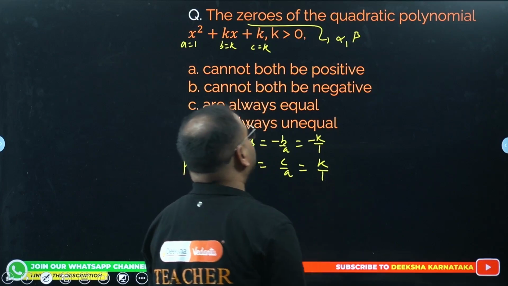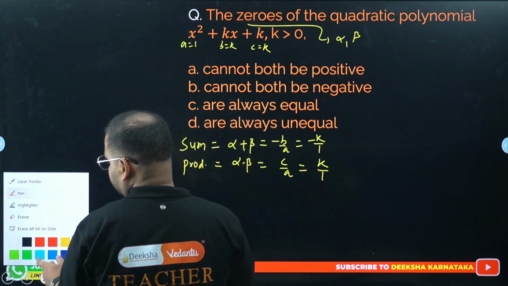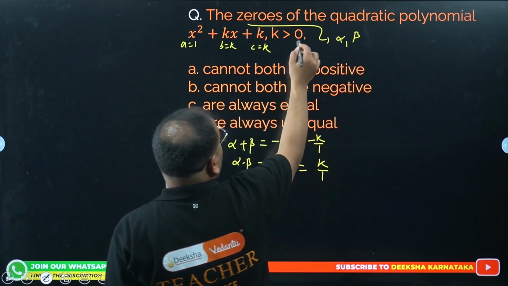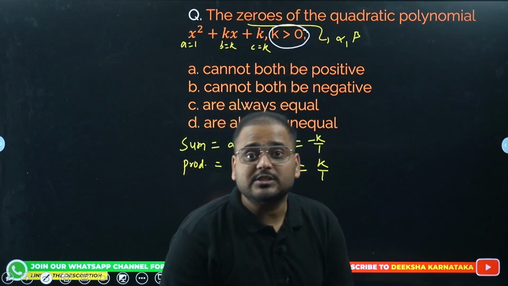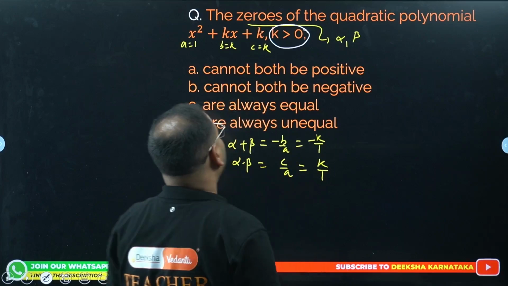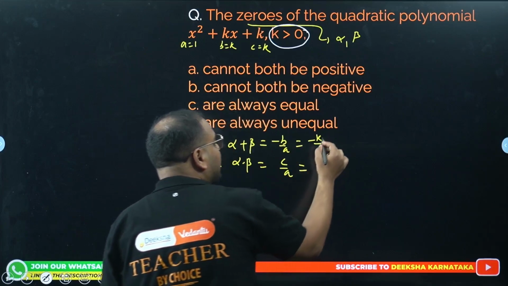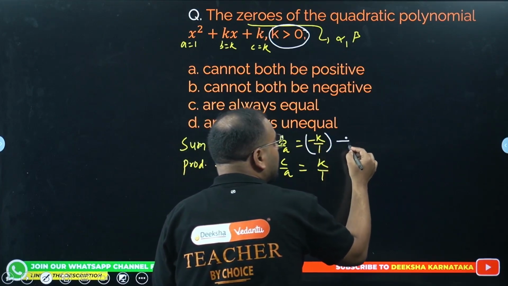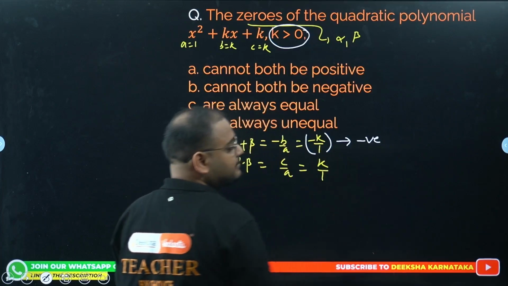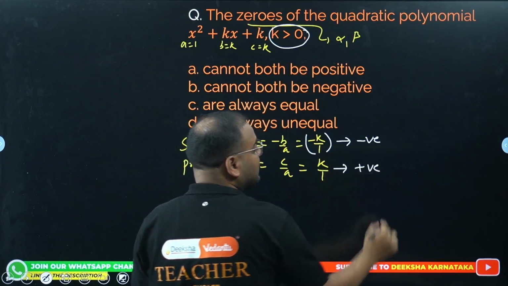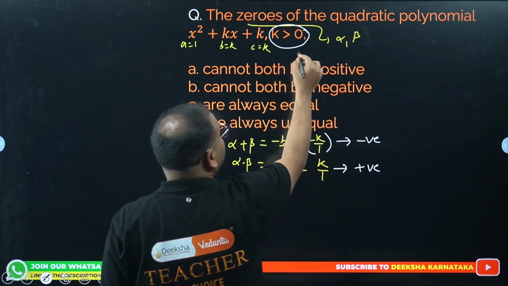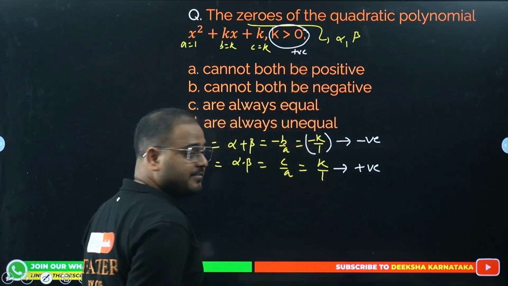Now look carefully. They have written something very interesting here. K is greater than 0. What does it mean? It means k is positive. If k is positive, then minus k would be negative and plus k would be positive. I'll repeat. How, sir? Because k is given as positive.